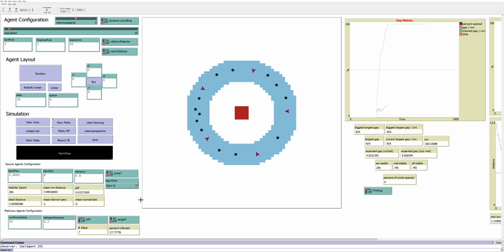And then there's also a dynamic version where they are watching their nearest neighbor distance and telling whether or not it's abnormal. So as you can imagine, this one's going to work most of the time, depending on the number of agents you have and the number of malicious agents you have.